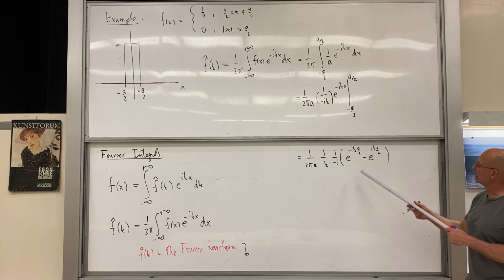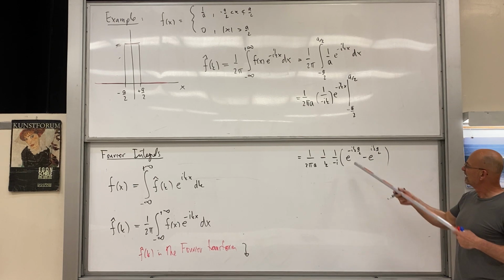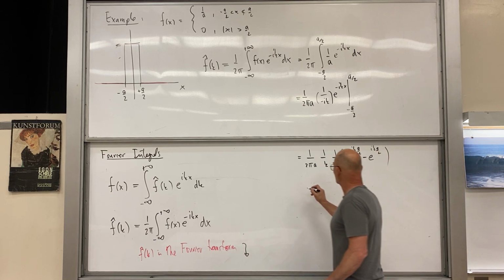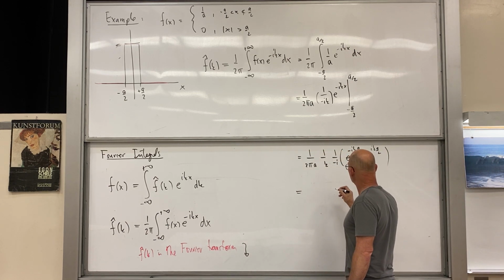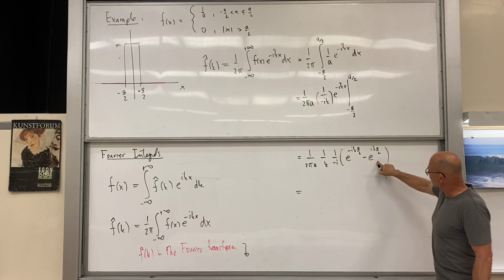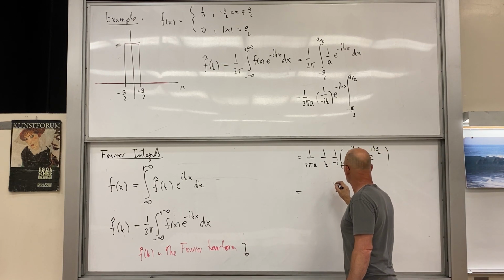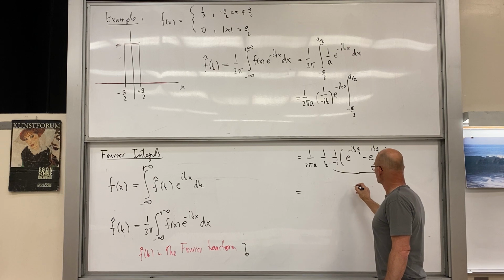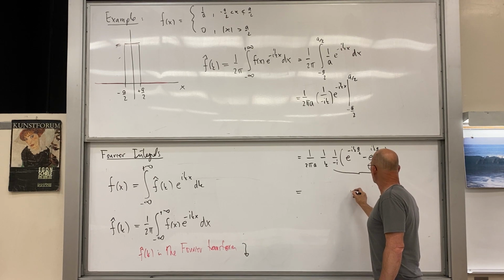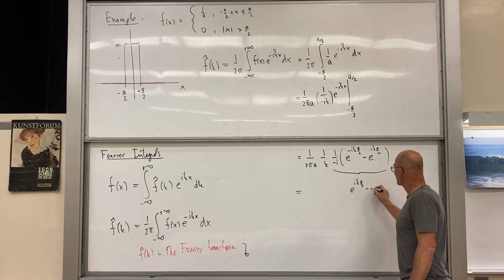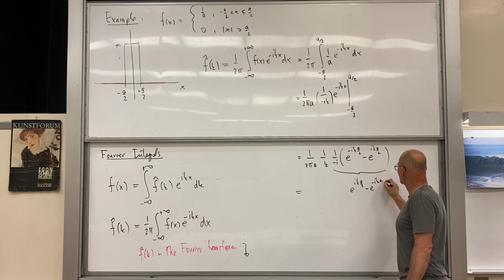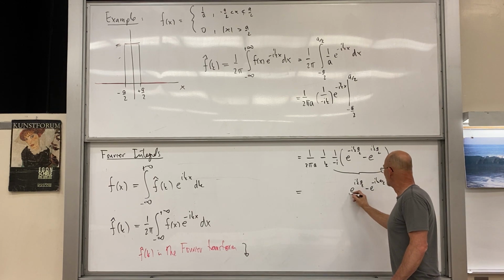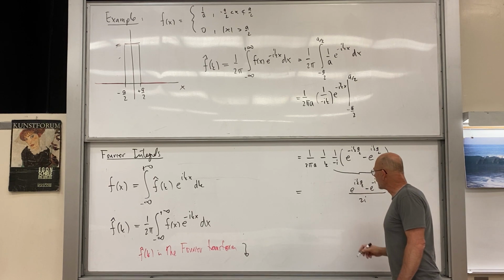So we're just going to clean this up a bit because there's a sign hidden in here. We'll get rid of the minus sign and reverse the order of these. I'll work with this first. We'll have e to the i k a over 2 minus e to the minus i k a over 2, over 2i.